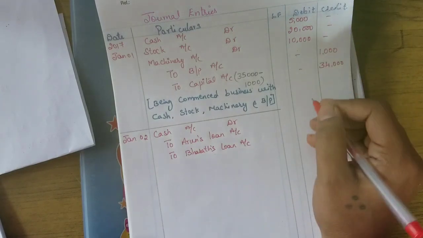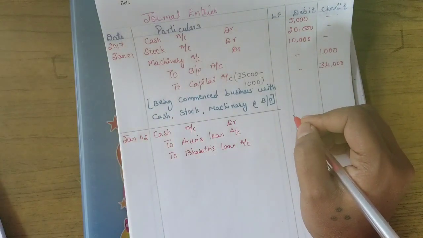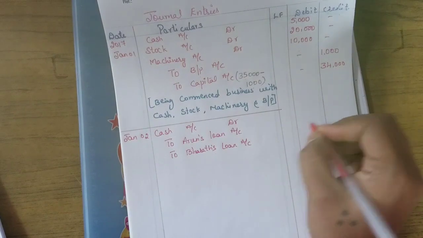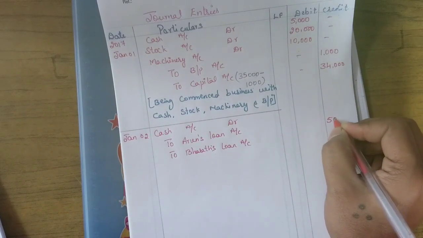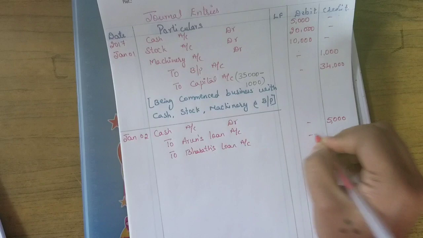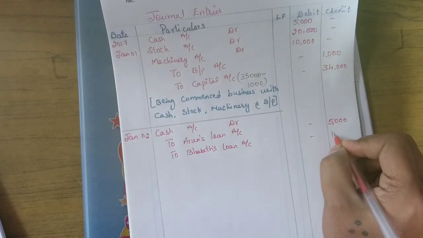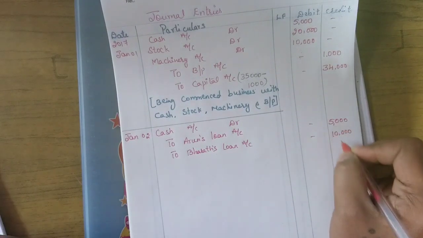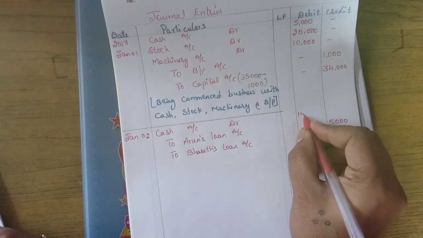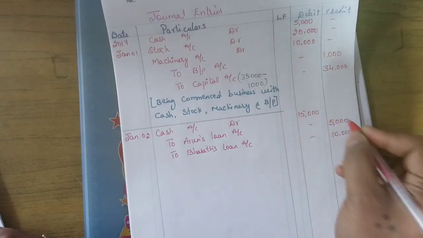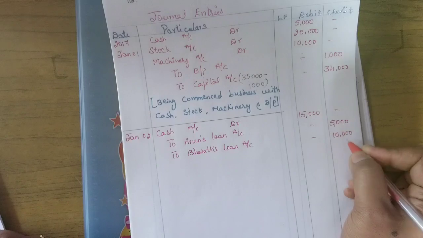Okay. So what is the total that you are taking from Arun? You are borrowing from Arun is 5,000 you are borrowing, and from Mr. Bharat you are borrowing 10,000. So total cash that we are receiving is 15,000. Arun is giving 5,000 and Bharat is giving 10,000 as a loan.